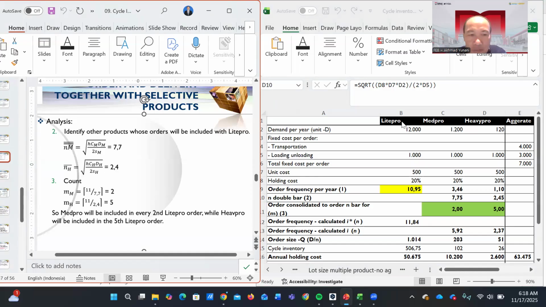Here, for Mac Pro, M for Mac Pro is 11 divided by 7.75. So we will consolidate the order of Mac Pro in 2 times.